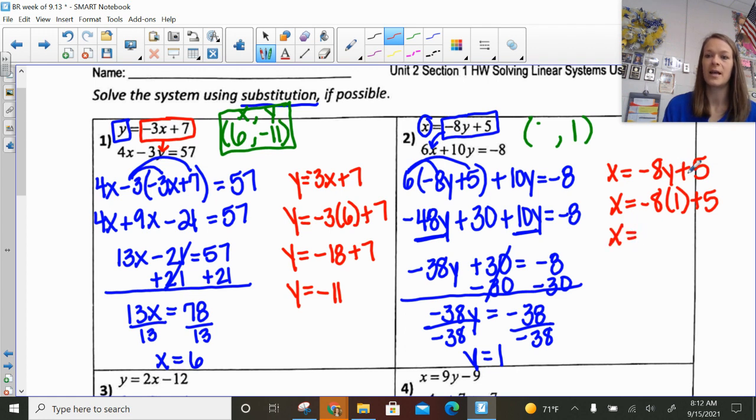I replaced my y with the 1. Negative 8 times 1 is negative 8, and then negative 8 plus 5 is negative 3. So my solution to this problem would be negative 3, 1.